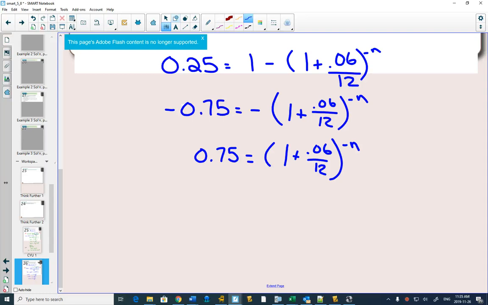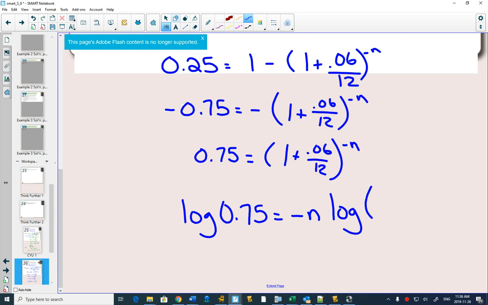Now we can use our log laws, take the log of both sides. When I take the log of the right-hand side, that power can come out in front.